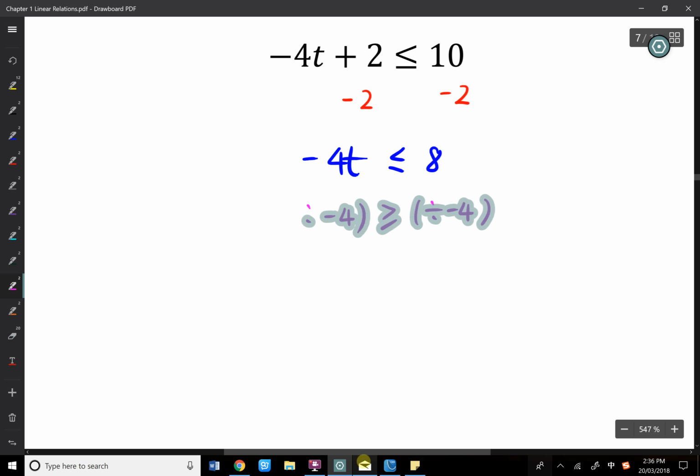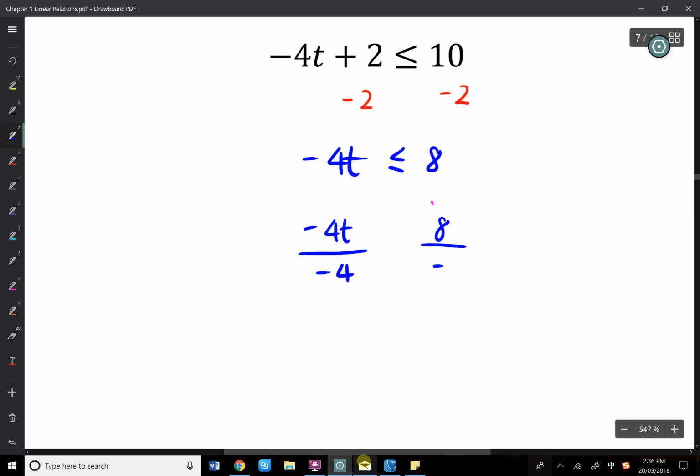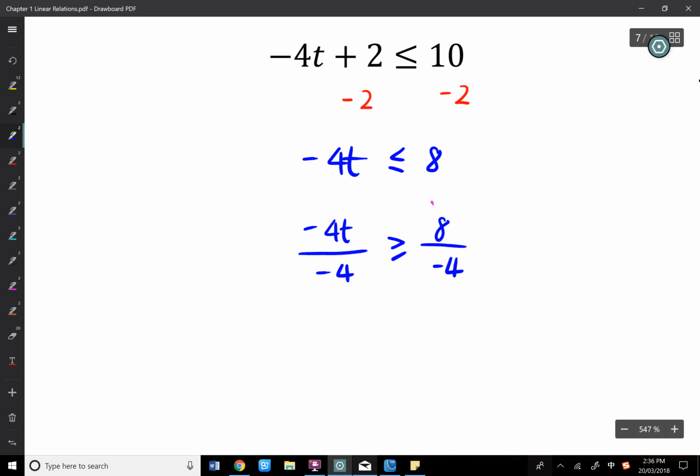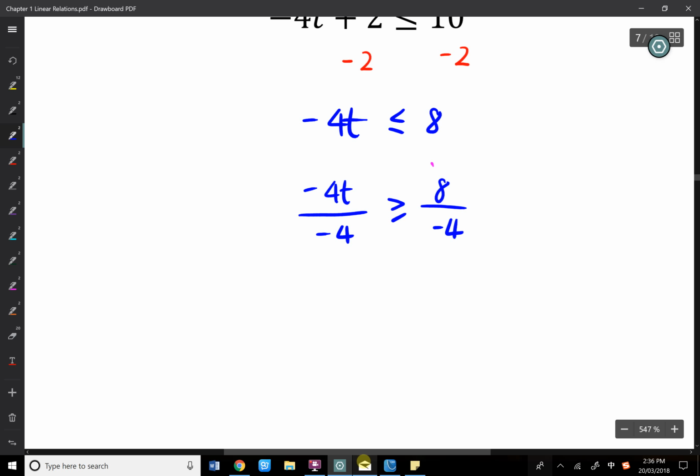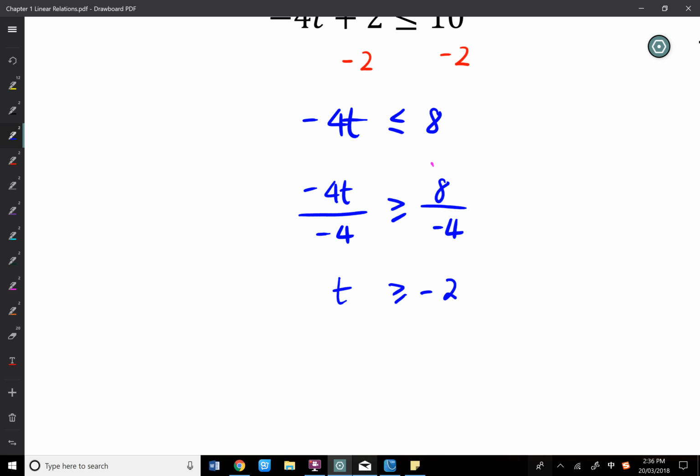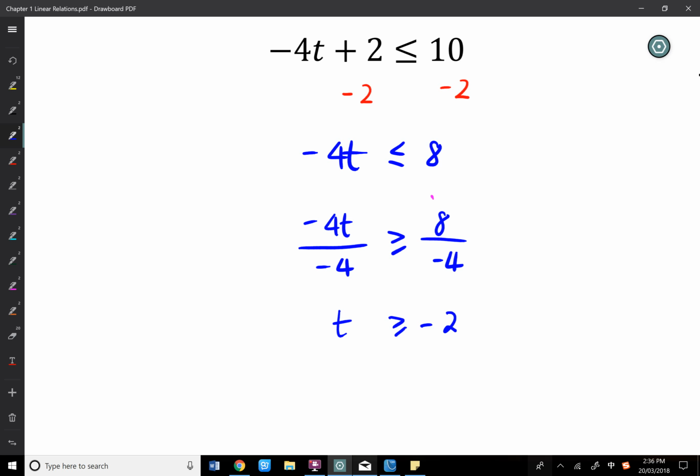So I write minus 4t divided by minus 4, 8 divided by minus 4. The sign needs to swap: smaller or equal to becomes larger or equal to. Simplify that, and we have t is greater than or equal to negative 2.